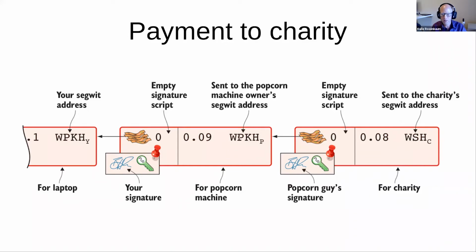So they spend this output, which is a pay-to-witness public key hash output, in the same way that we spent our coins over here. So it's the same kind of spending here. But the new thing is the output, which is a pay-to-witness script hash output for the charity organization.